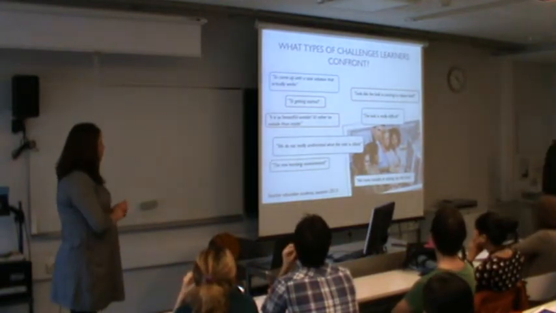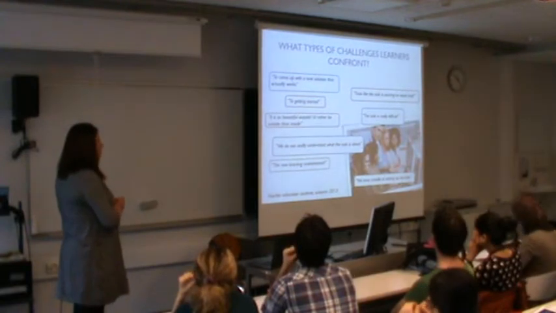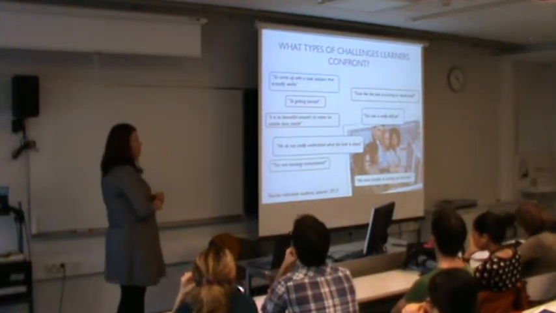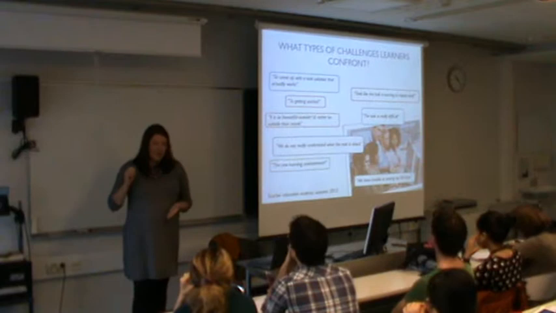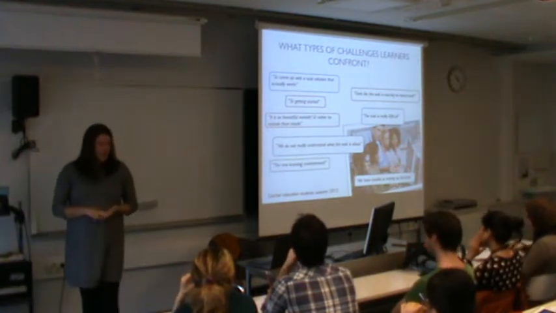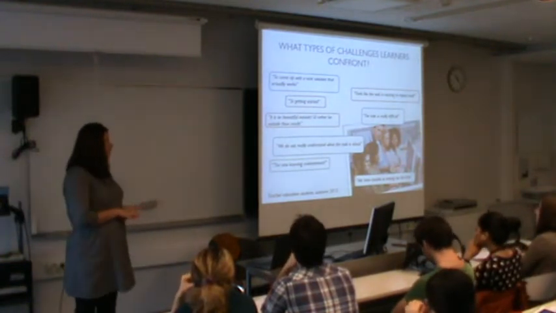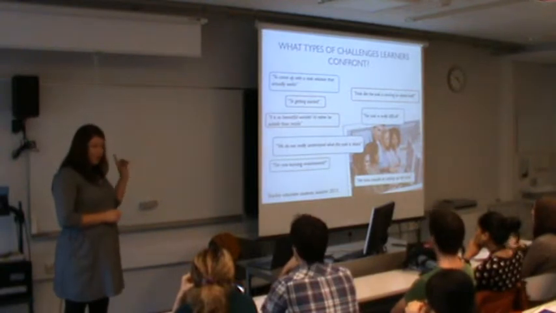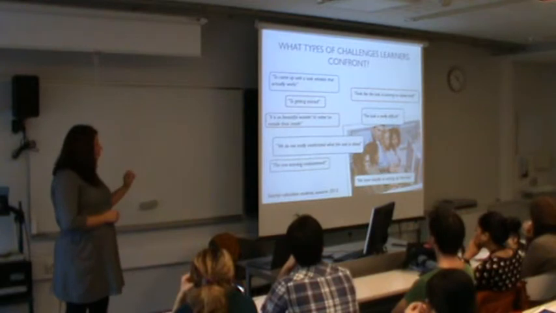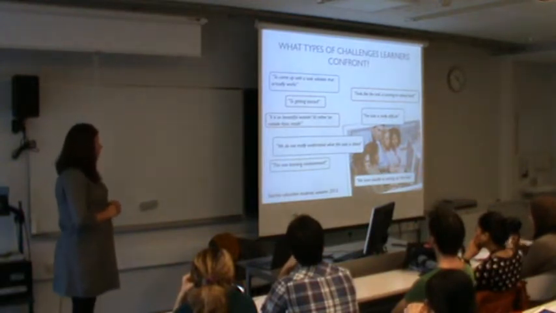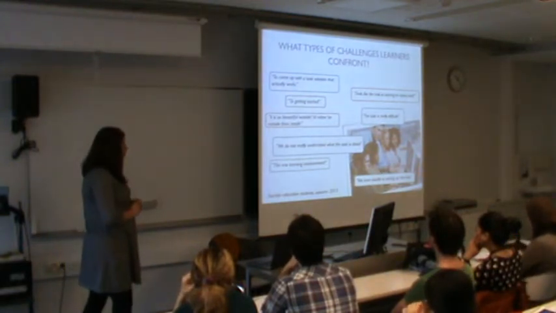For example, if you think that regulated learning can target motivation, cognition or metacognition, or behavior, the challenges that higher education students confront can also be labeled into those different kinds of categories.